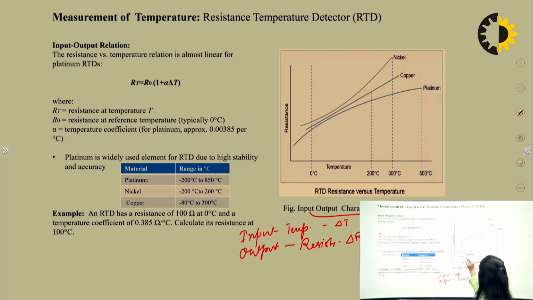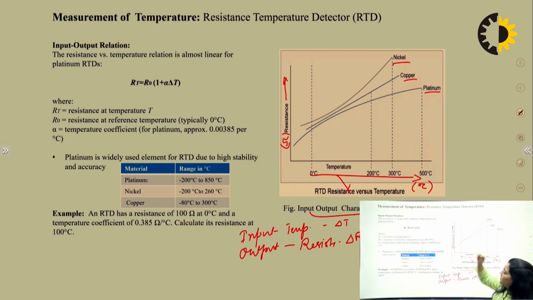So this is the temperature, it increases this way, and this is the resistance in ohms, against degrees centigrade. You see, we have three materials used as a sensing element in the RTD: platinum, copper and nickel.